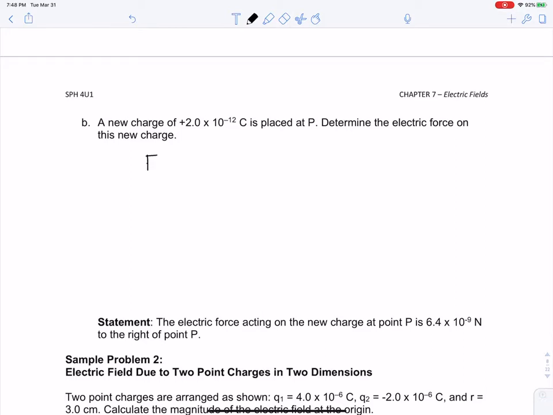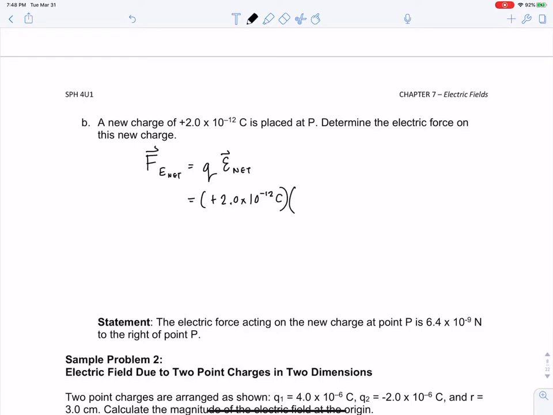So we want the electric force, the net electric force, which is equal to this new charge, Q, times the net electric field, which we just calculated. So this new charge is plus 2.0 times 10 to the power of negative 12 coulombs.